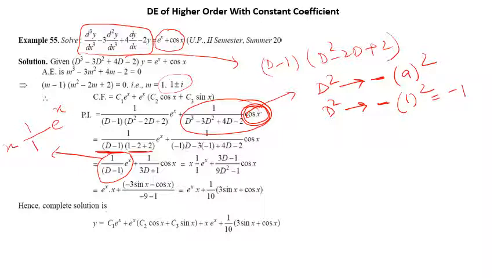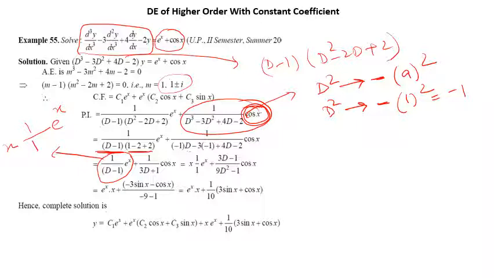D cube can be written as D square into D, that is minus 1 into D. 3 into D square, 3D square can be replaced by minus 1, 3 into minus 1. 4D. D cannot be replaced; only D square, D4, D6, D8 can be replaced. So minus 1 into D, minus 3 into minus 1, 4D.